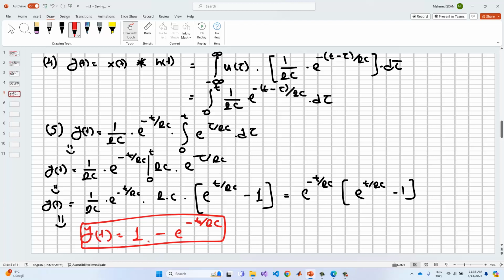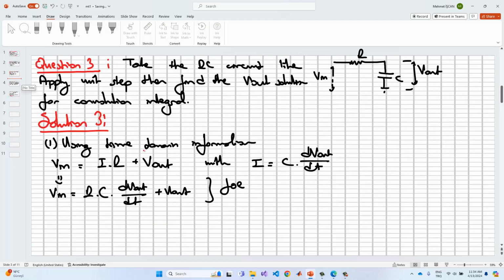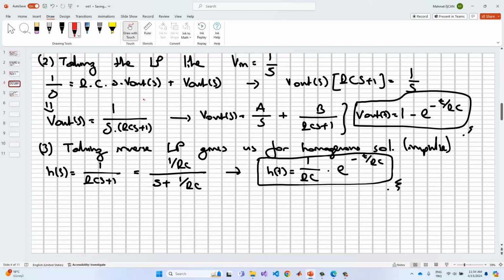Okay, and this is true, and so in each step we should take the following: firstly, we need to derive the time domain information, the dynamic equation of this term, and then we need to take the Laplace transformation to take the impulse response of this form.